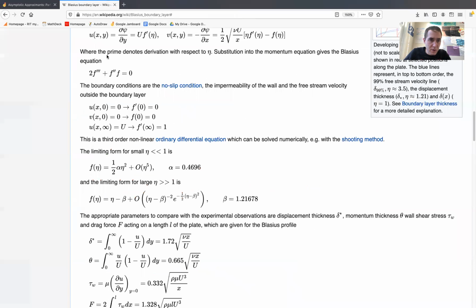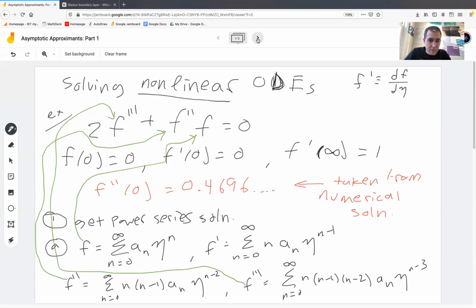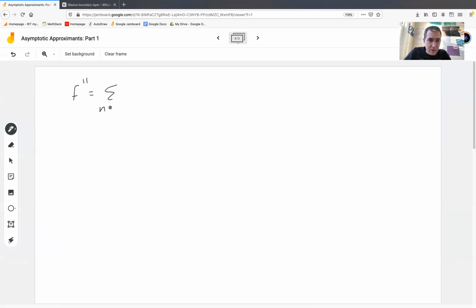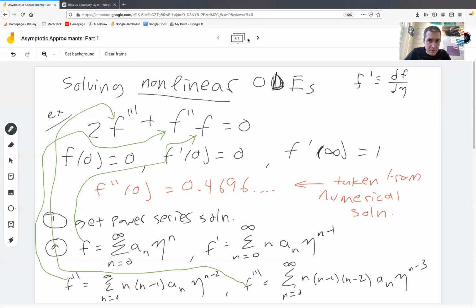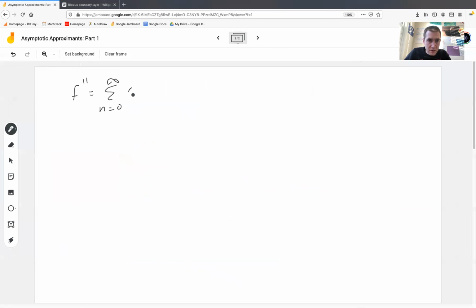Right, so f double prime is the sum of n plus 2, n plus 1, a sub n plus 2, eta to the n.